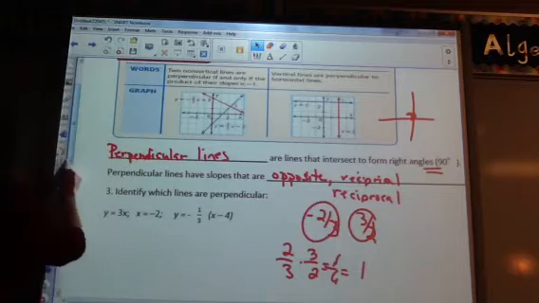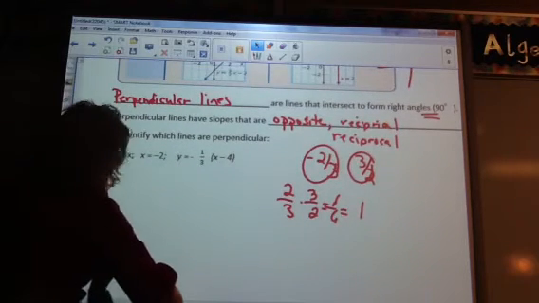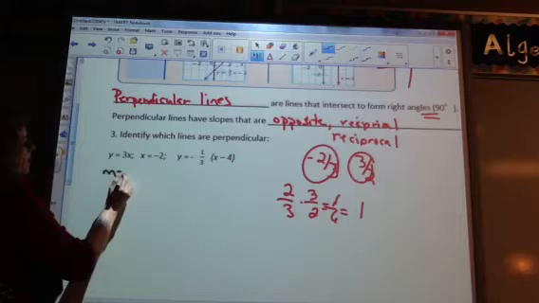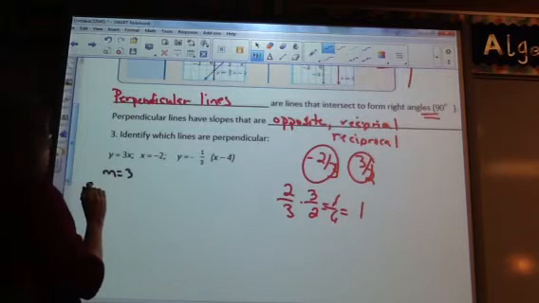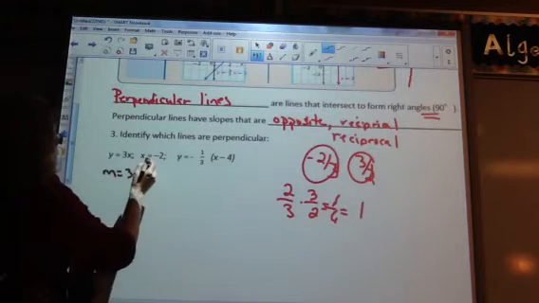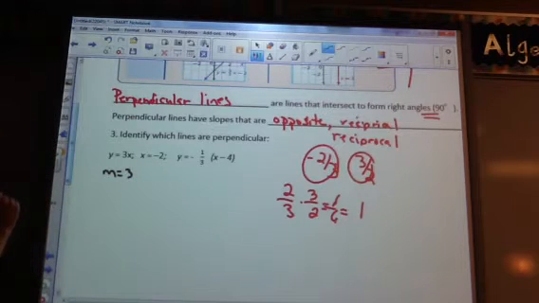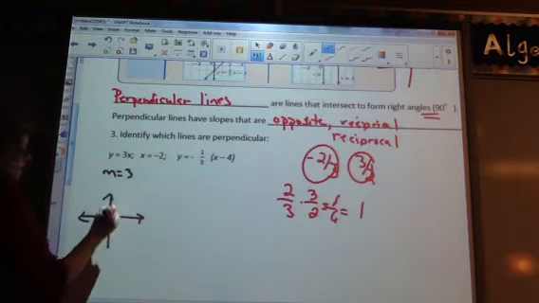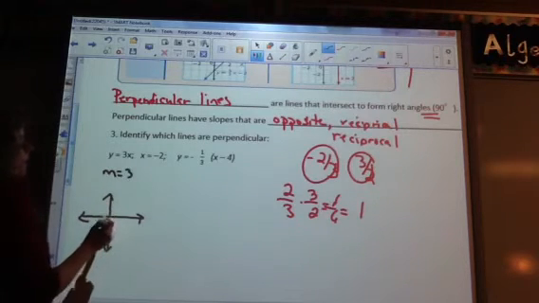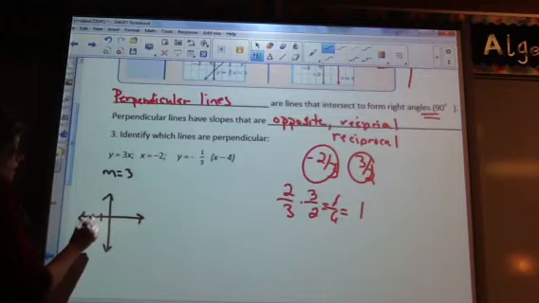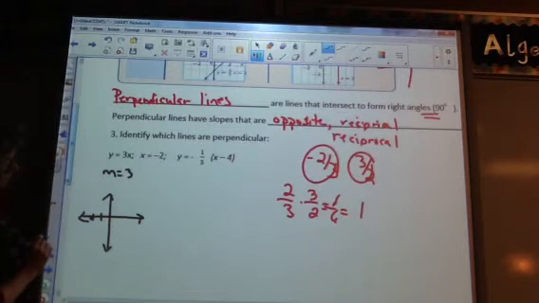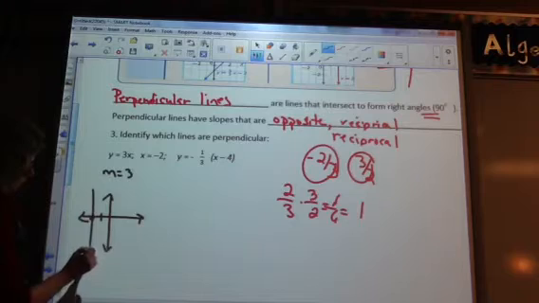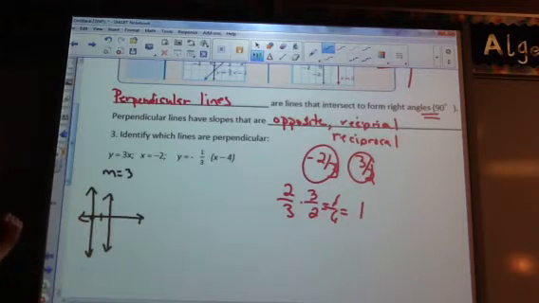So let's look at number 3 here. Okay, my slope here is 3. All right. My slope here, what happens when x is negative 2? So right here is negative 2. And there's that line. Okay, so we'll look at that one in just a minute.